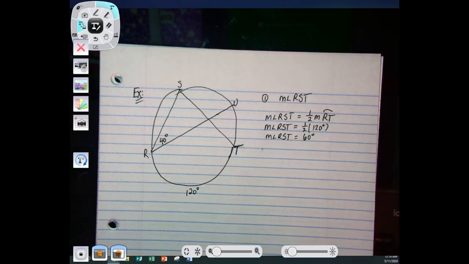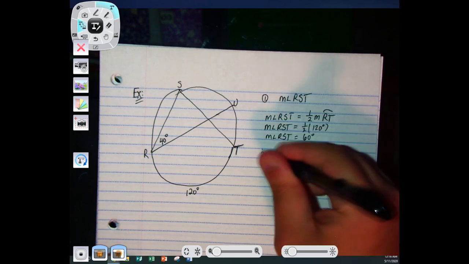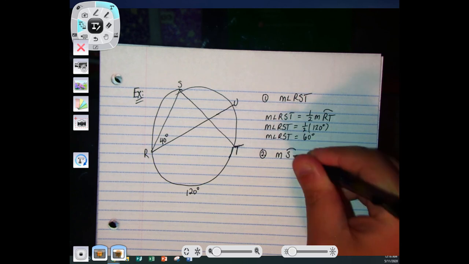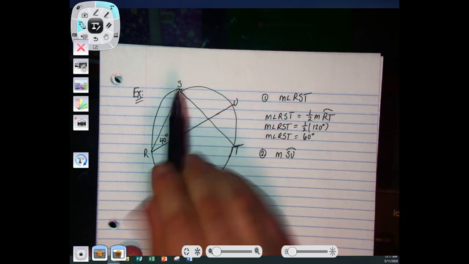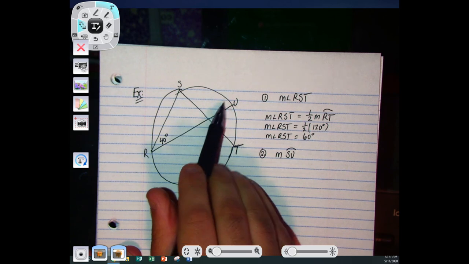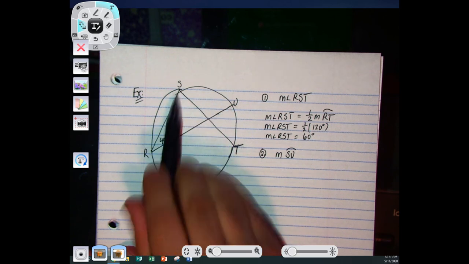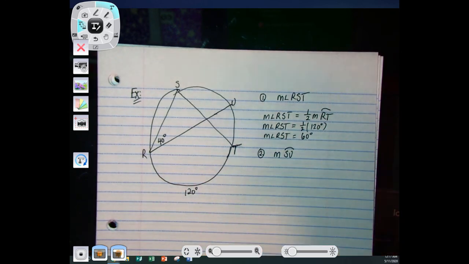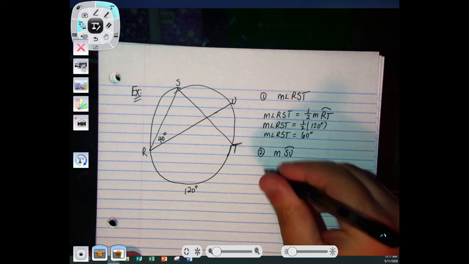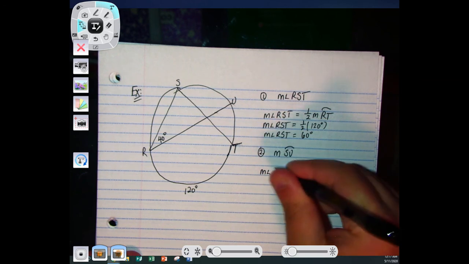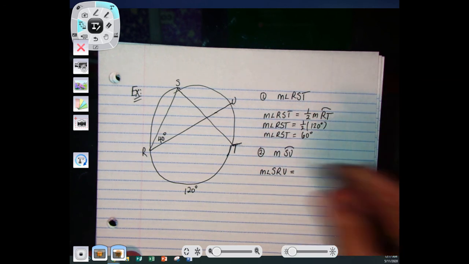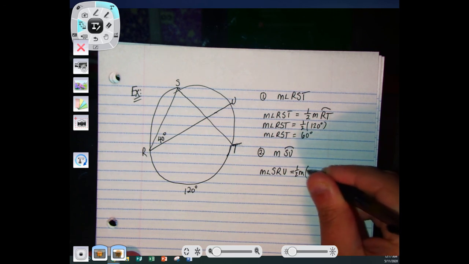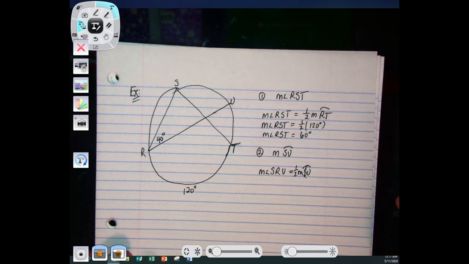Okay. Now, in our other example here, they're going to say find the measure of arc SU. Well, SU is the intercepted arc for angle SRU. So using the inscribed angle theorem, we can say that the measure of angle SRU is equal to 1/2 times the measure of arc SU.